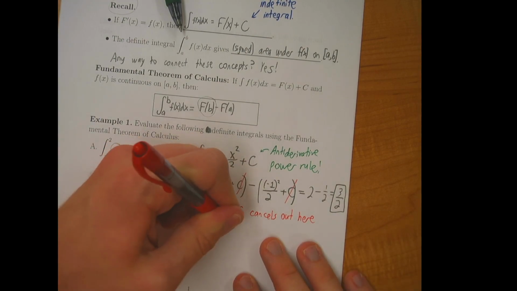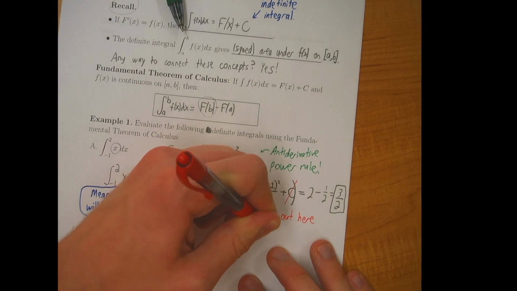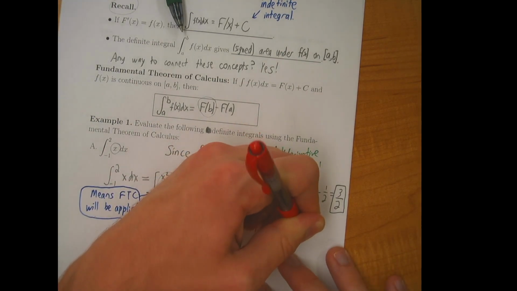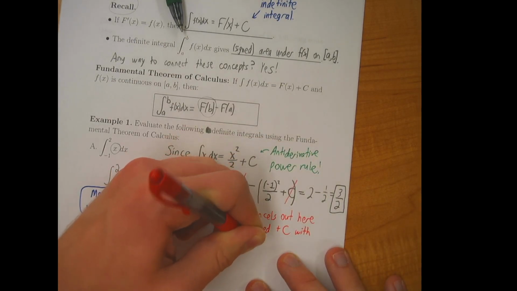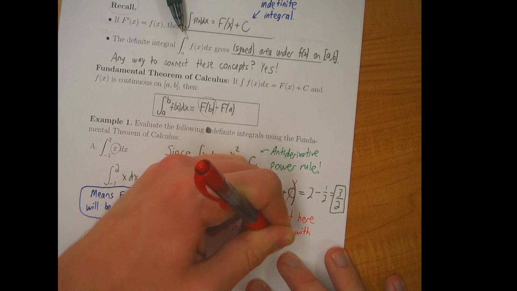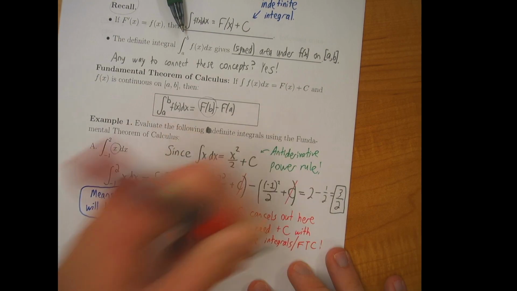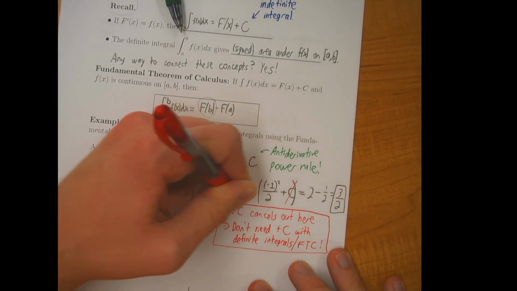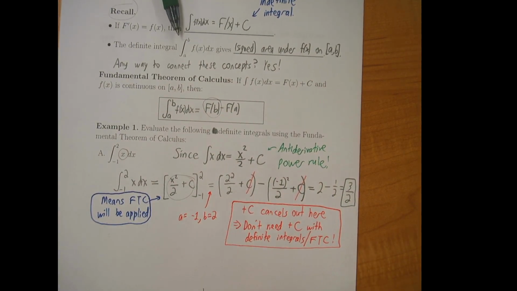So you don't need the plus c with definite integrals and the fundamental theorem of calculus. Just one nice thing to keep in mind to make your computations a bit easier.